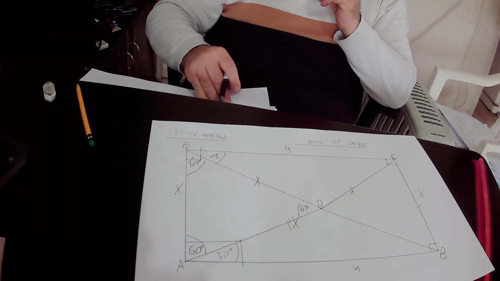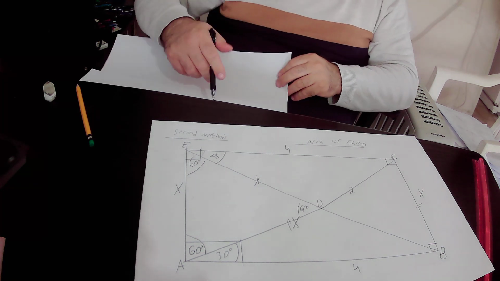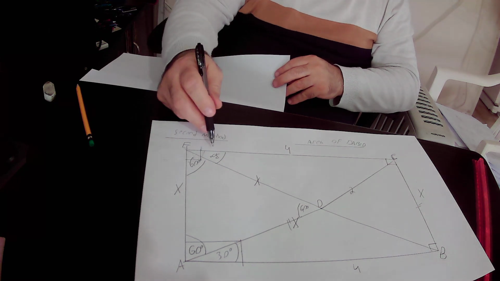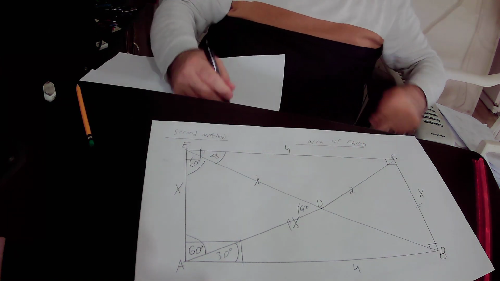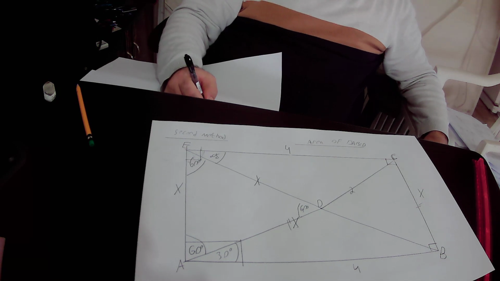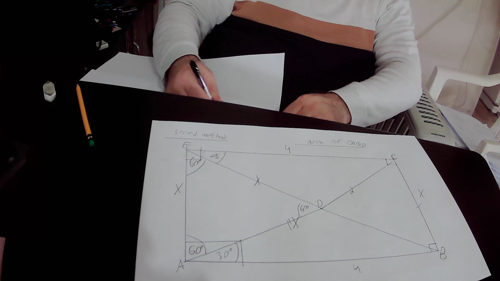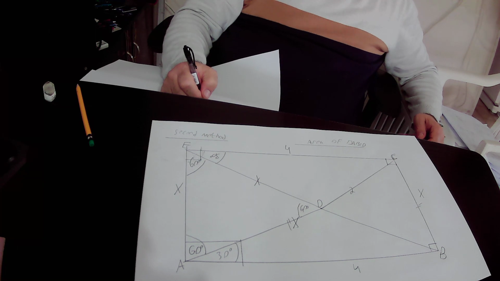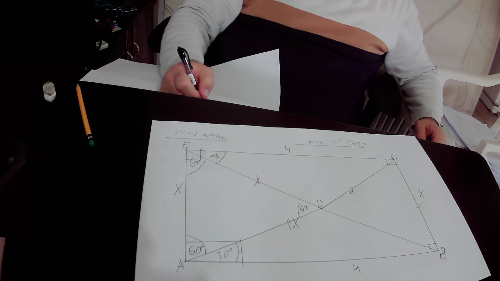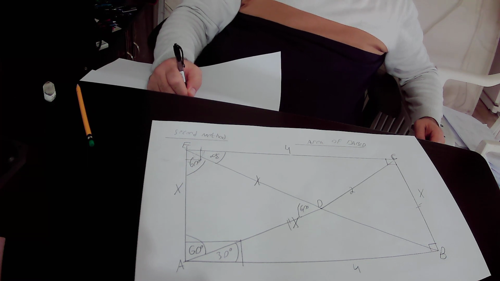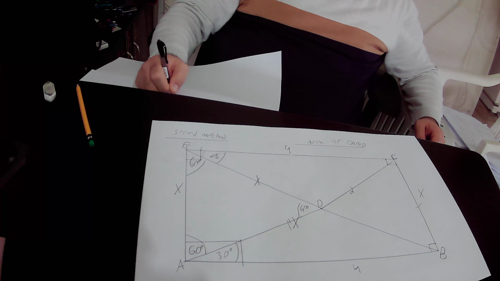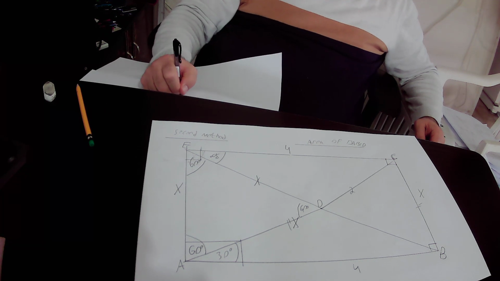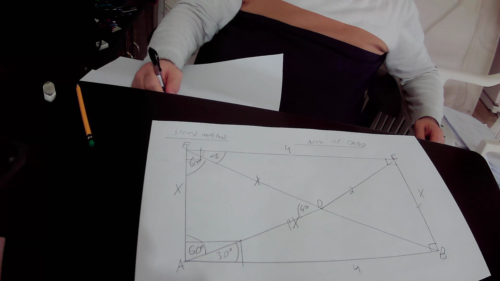On triangle DEC, according to the law of cosines, we got the equation that states that cosine 30 degrees equals 4 squared plus x squared minus 2 squared over 2 times x times 4.